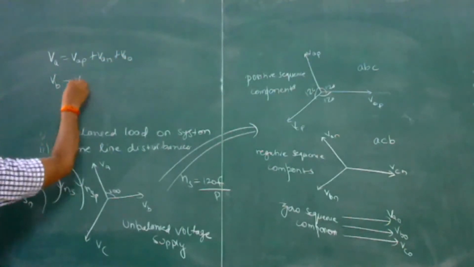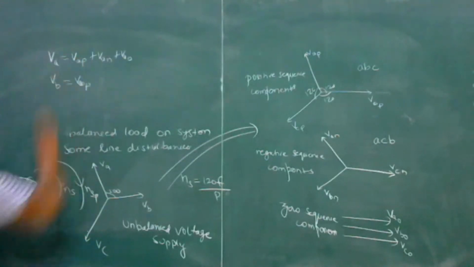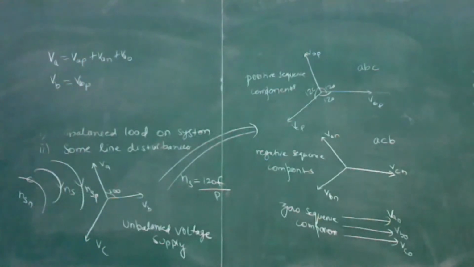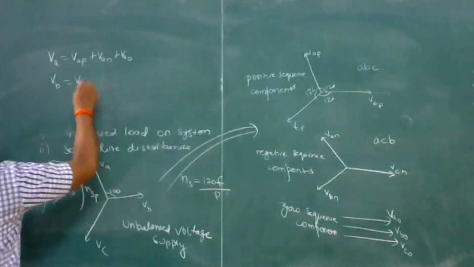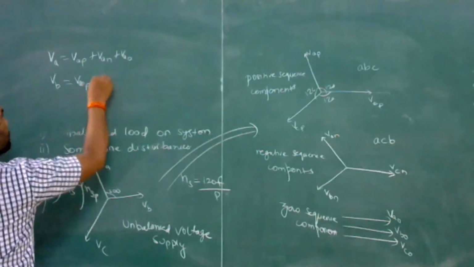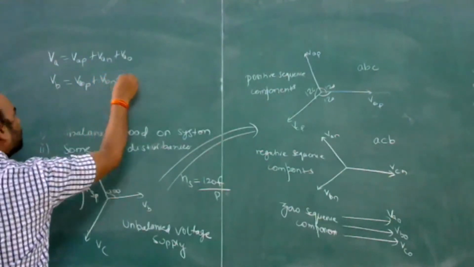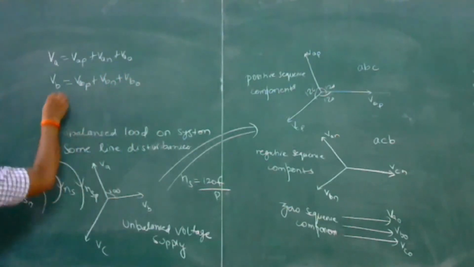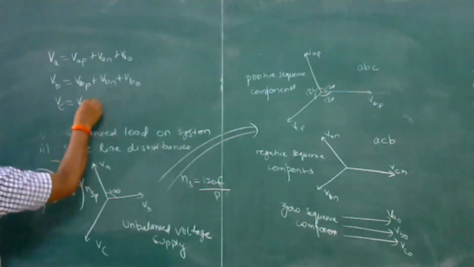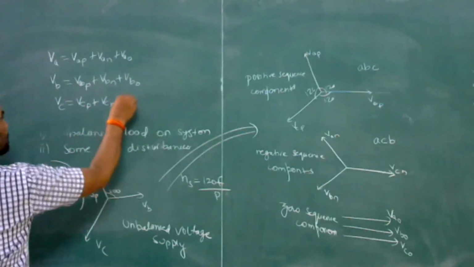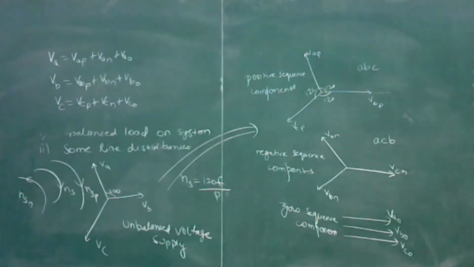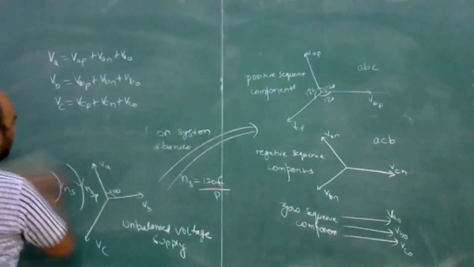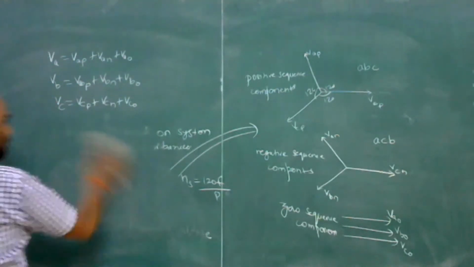VB is equal to VBP for positive sequence, VBN for negative sequence, plus VB0 for zero sequence, and VC is equal to VCP plus VCN plus VC0. So VA, VB, and VC are decomposed.